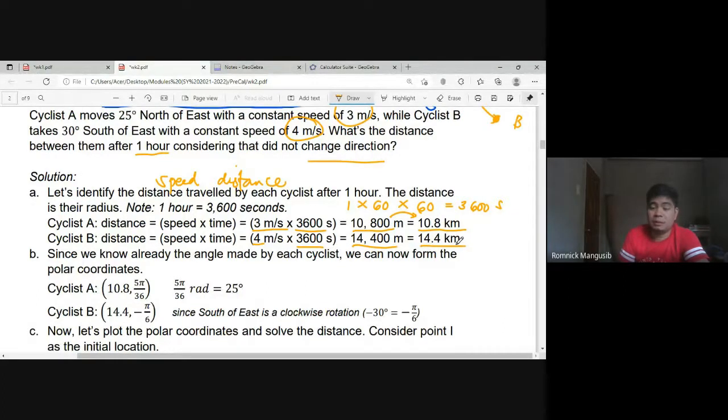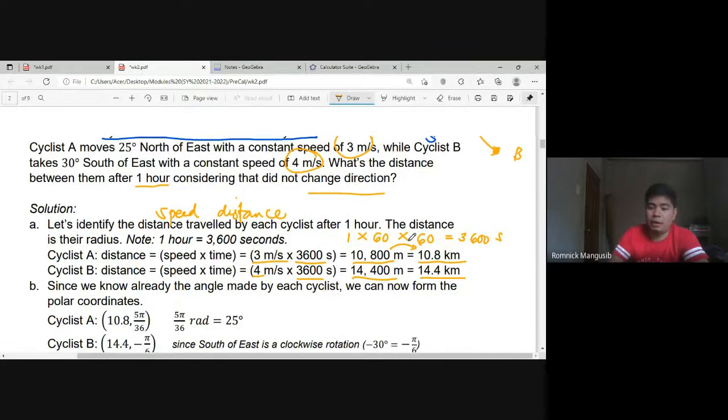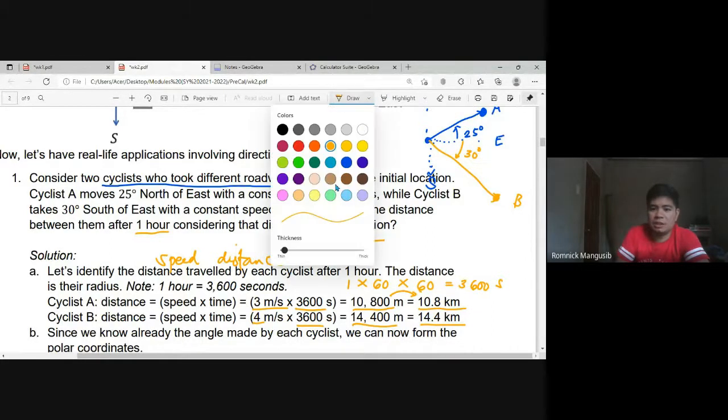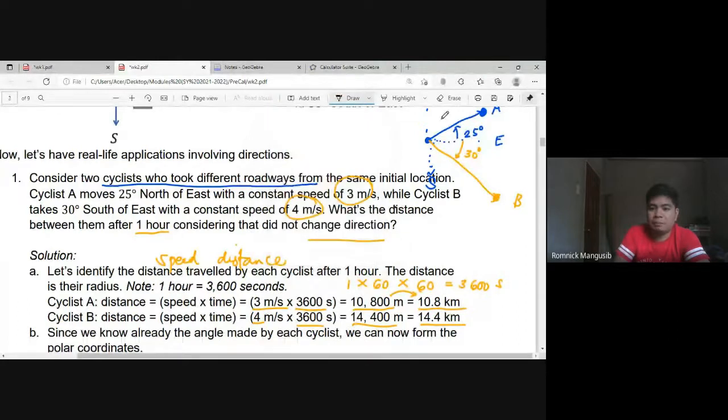That's the distance between them already, after an hour. So, kapag ilalagay mo na yan dun sa illustration mo, si point A, cyclist A, ay meron na siyang distansya na 10.8. Si cyclist B naman is 14.4.